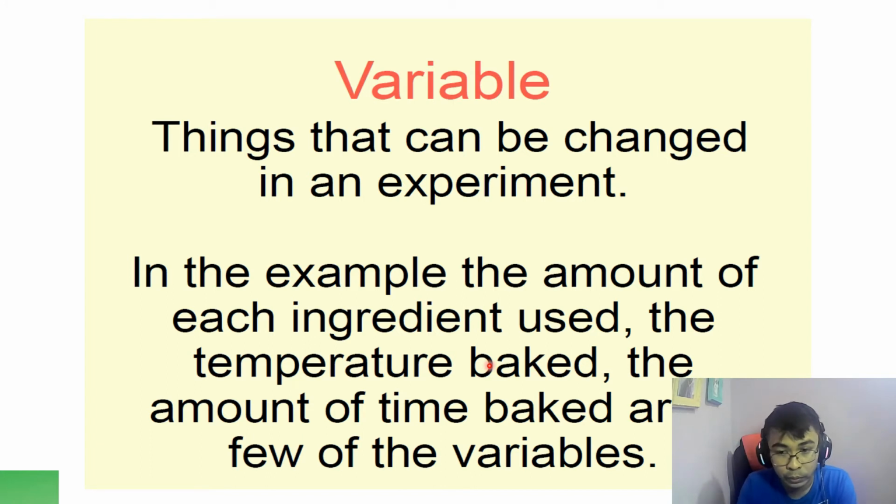The temperature on which he will bake the bread, that's another variable, because yung temperature nagbabago, di ba? We have 70 degrees Celsius, for example, 60 degrees Celsius. The amount of time baked as well. Okay? Pwede natin magkaroon ng 1 hour, 2 hours, a few minutes, 13 minutes. Okay? So these are examples of variables.